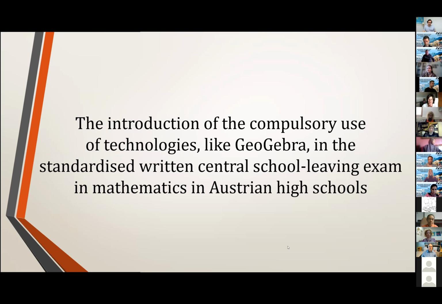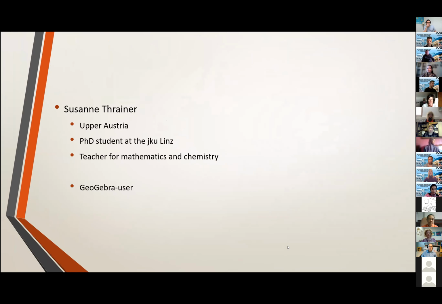But now, as I said, I will first introduce myself. My name is Susanne Thrainer, and I am from Upper Austria. Currently, I am a PhD student in my second semester at the Johannes Kepler University in Linz. Before starting my PhD, I was studying mathematics and chemistry as a teacher.